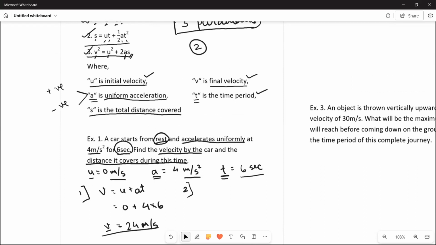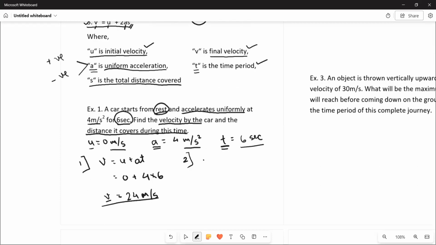So now we have the equation as s equals ut plus half at square, and our u is equal to 0, t is our 6, plus half multiplied by the value of a, which is 4. So half multiplied by 4, and our t is 6, and 6 square is 36.